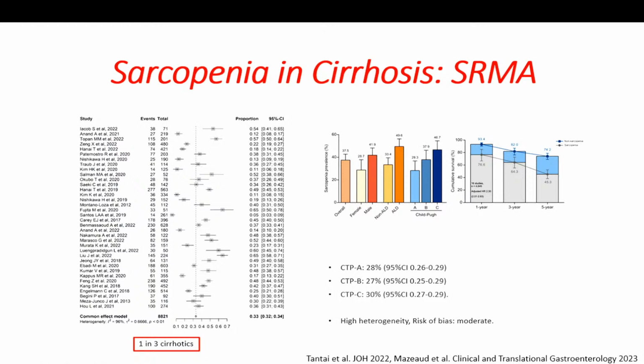There are problems with the meta-analysis when you collate apples and oranges together. It's not like papaya and mango. To put it in a nutshell, every third patient with cirrhosis has sarcopenia. Take-home message: every third patient you are seeing in OPD has sarcopenia.